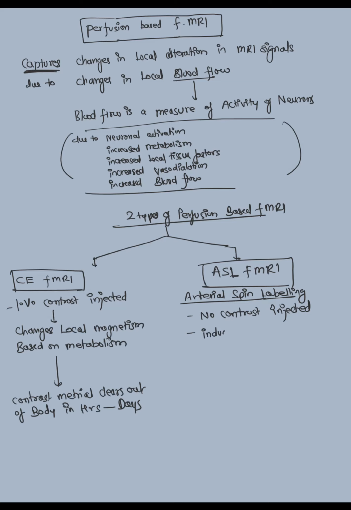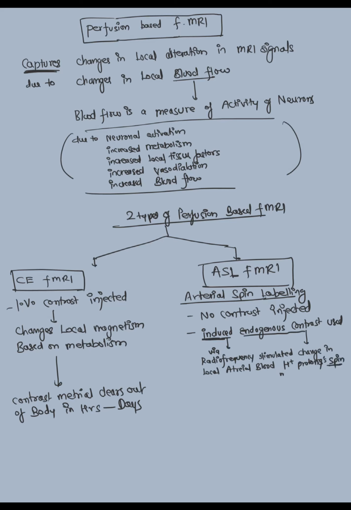But in ASL fMRI, no contrast is injected. Instead of that, there is an endogenous contrast which is induced. So we use the inducible endogenous contrast, and this is induced by radio frequency stimulation, which changes the local arterial blood proton spin.